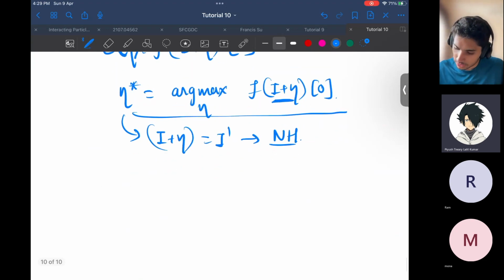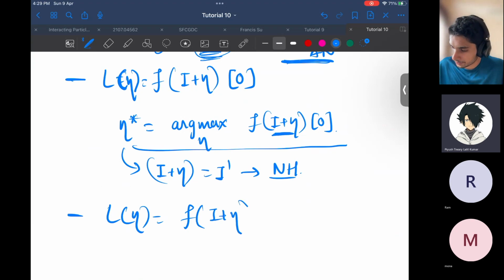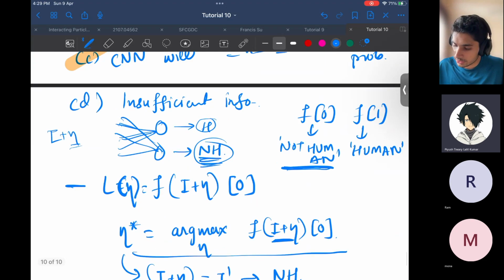Now, this was the first case. In the second case, my loss function is f of I plus eta. However, this time I will take the first logit. The first logit corresponds to human; basically, the network is detecting human.